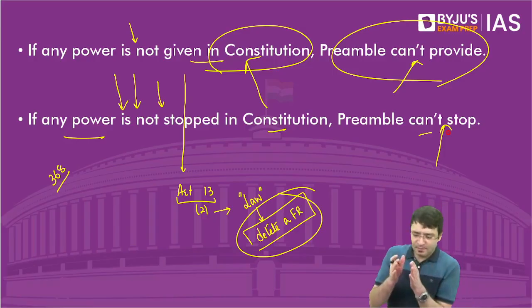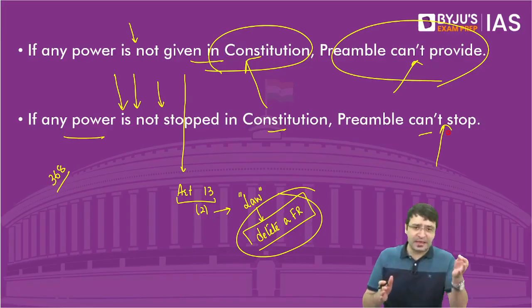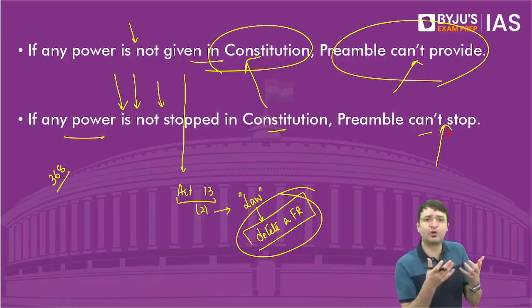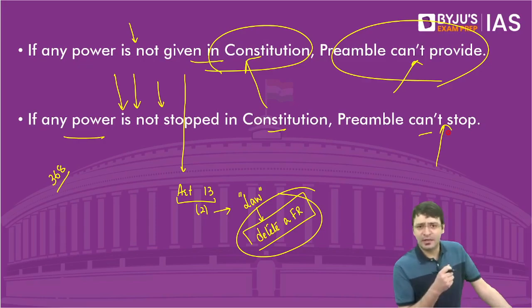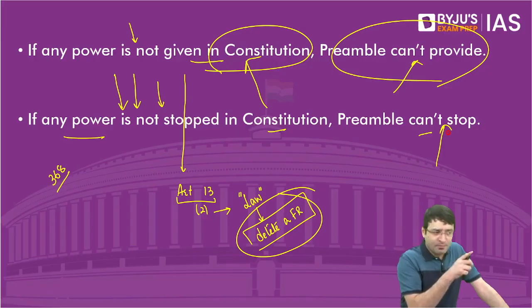One, preamble aids in legal interpretation where the language is found to be ambiguous or unclear. For example, we were not sure whether right to privacy is a fundamental right or not, because explicitly it was not mentioned in the Constitution. But the Supreme Court interpreted using preamble, because one of the objectives mentioned in the preamble is the dignity of an individual.